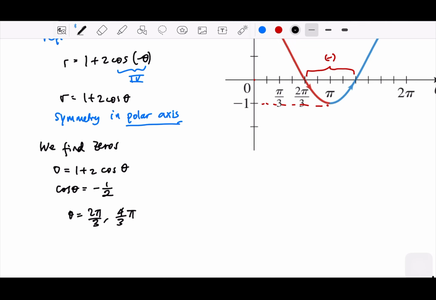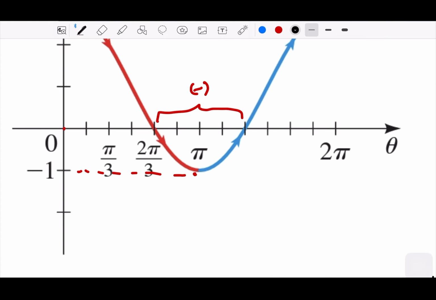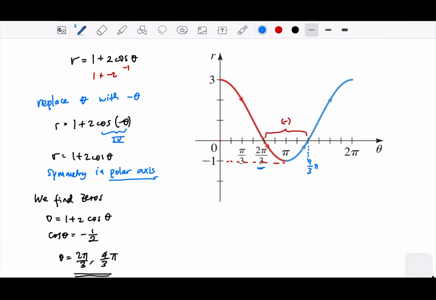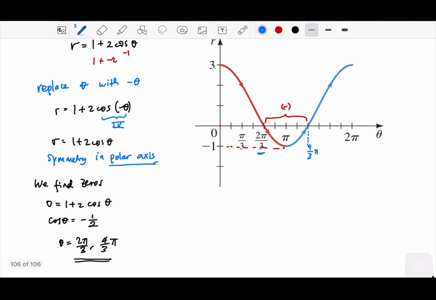We have 2 pi/3 in this position, and 4/3 pi here. So along this interval, the radius will be a negative value.